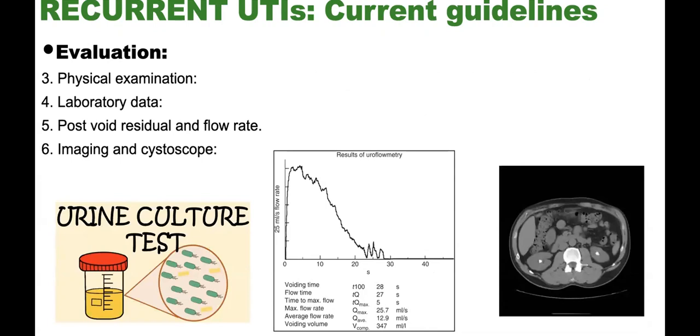The second thing you're going to do is a physical examination. Once again, this will allow you to assess the patient for any overt anatomical or functional abnormalities. Your physical examination involves a general examination and the abdomen, where you want to palpate for a full bladder. If you see a full bladder, you can do post-void residual volumes and maybe a flow rate.